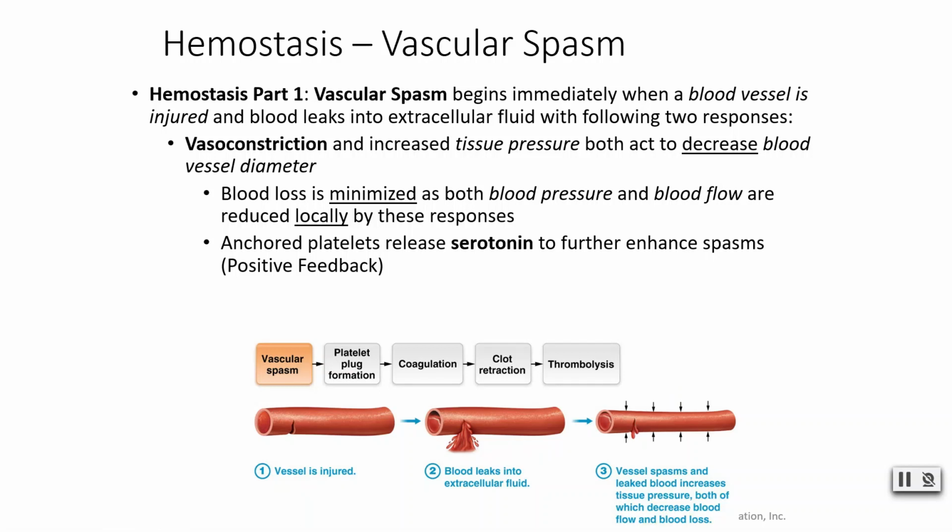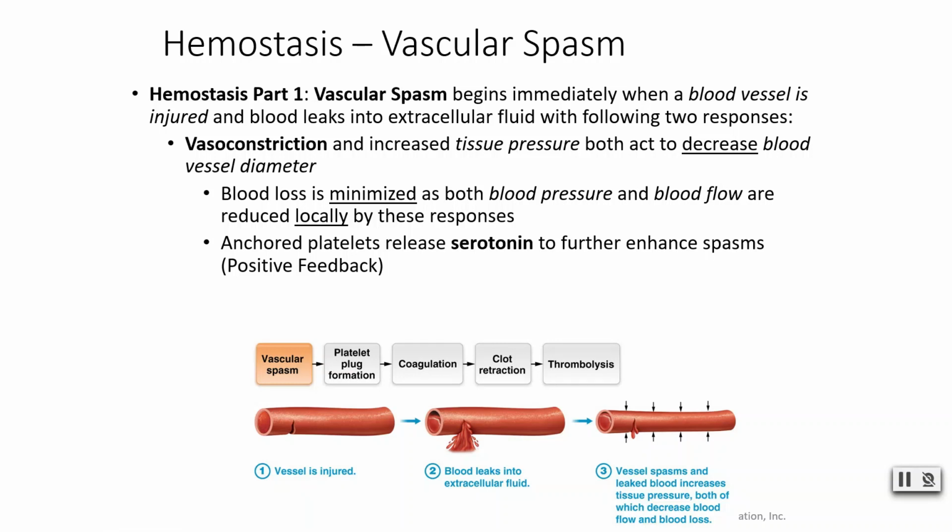We are going to need some help to further along this process. We're going to have some platelets show up. We are going to have those platelets release something called serotonin. Serotonin is going to further trigger the tissue and the vessel to spasm, to continue to minimize this blood loss, and this is one of our examples of positive feedback.